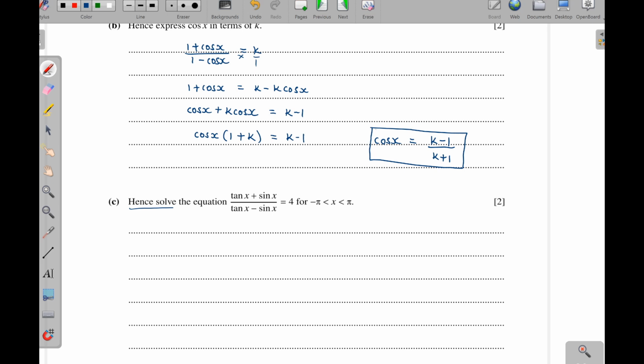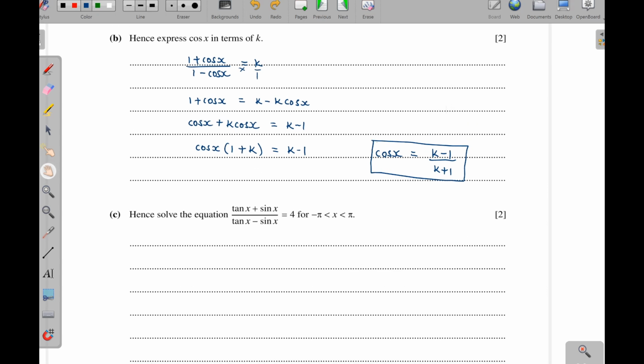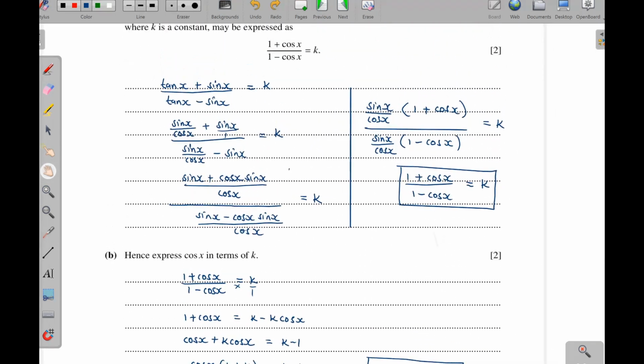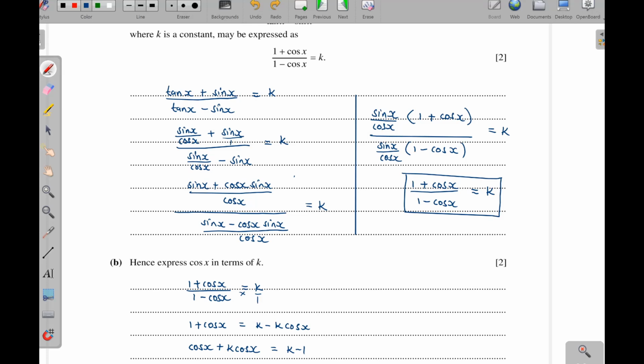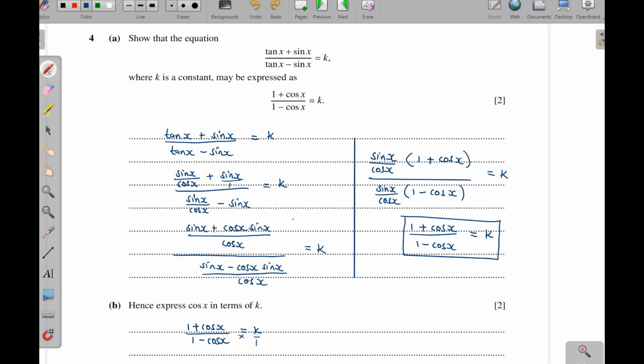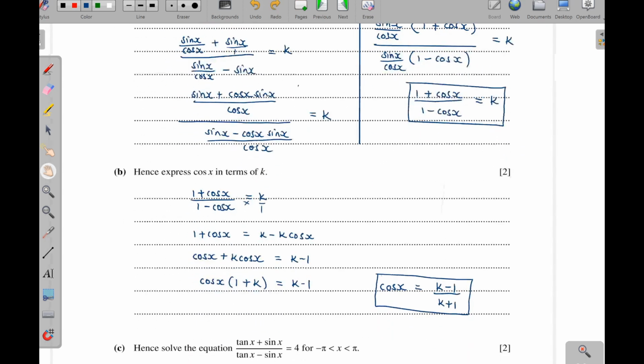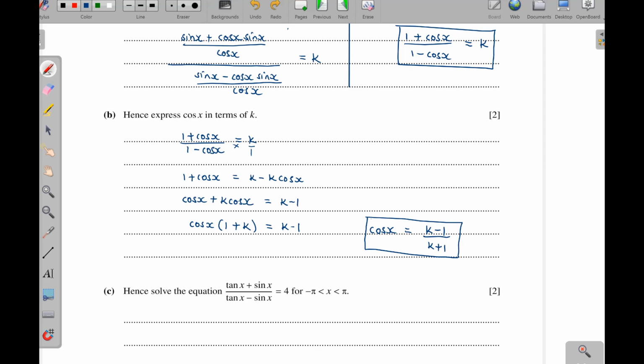Then part C: hence, again, begin from where you have stopped. Solve this equation here. Now, if we go back to part A, we had tan x plus sine x over tan x minus sine x equal to k. It is the same thing that we are having here, that means the k is equal to 4. You see? So k is equal to 4. This one is already expressed in terms of this.